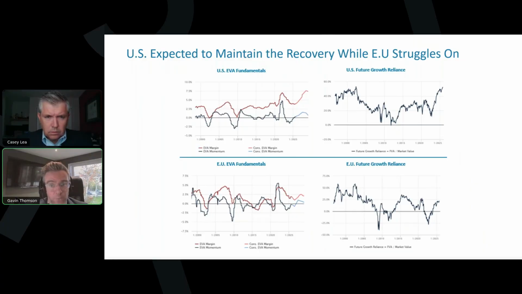So ignore the COVID spike up, but if you look at that long-term level of economic profitability, around the 2.5% plus level, economic profitability is starting off from still a relatively strong point.